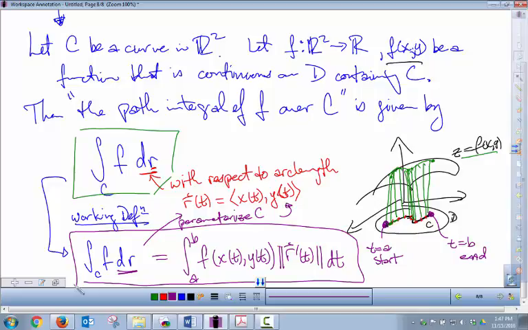The book calls this a line integral, because it's delivered in the line integral section. But I'd like for you to look at this right now and tell yourself that this is a path integral. And then the line integral is something that we're going to take a look at tomorrow.